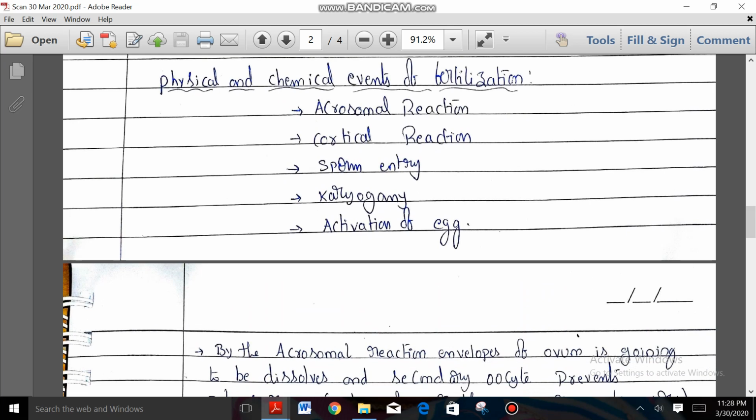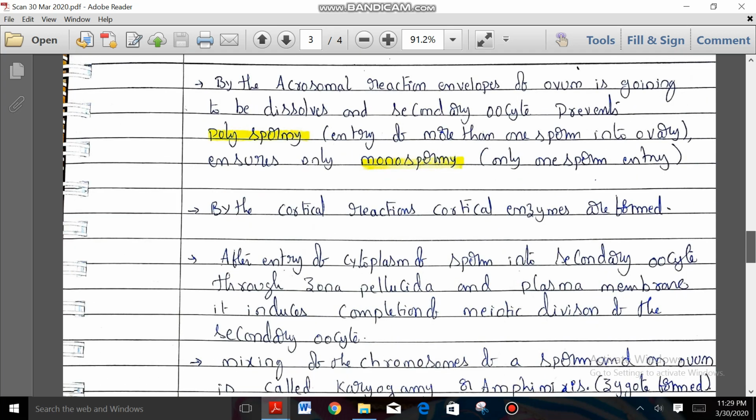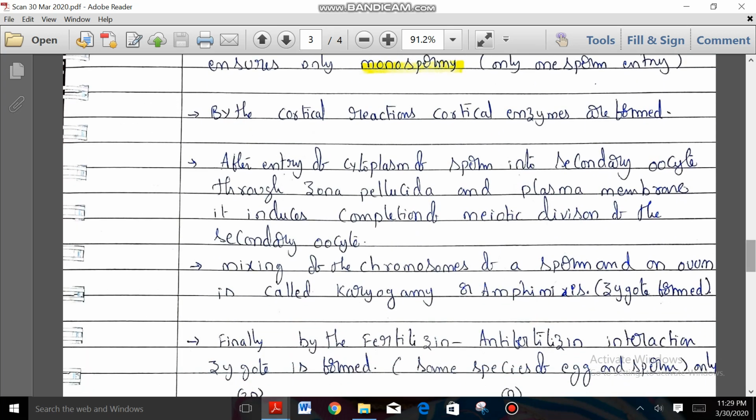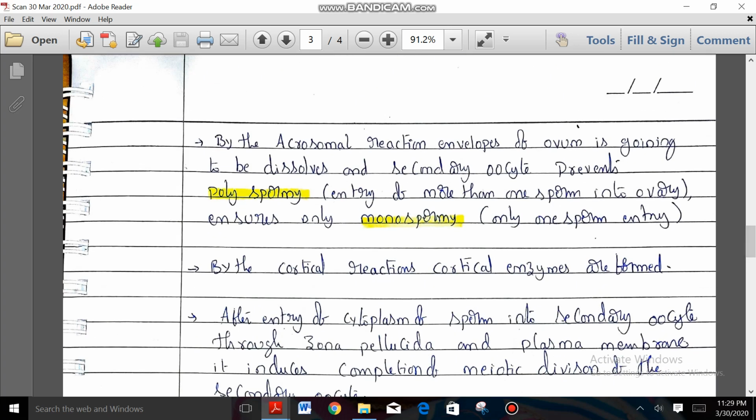By the acrosomal and cortical reactions, the envelopes of the secondary oocyte are dissolved, and the sperm cytoplasm enters the secondary oocyte, and finally karyogamy takes place. Karyogamy, or amphimixis, is the mixing of chromosome material of sperm and ovum, and finally the zygote is formed.